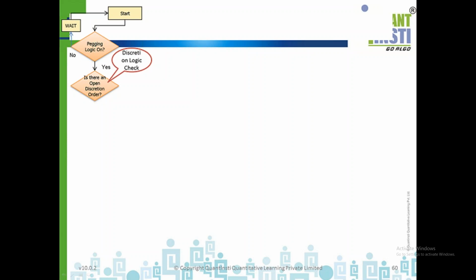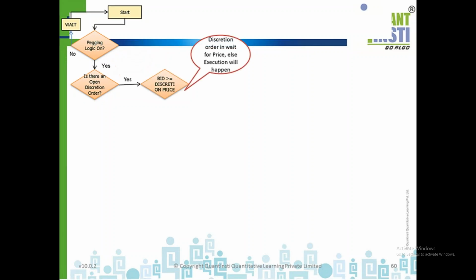And then you'll check if there is an open discretion order, right? If yes, so if there is a discretion range that has been put in your order, you'll check that. Then obviously you will figure out, is the discretion price greater than the bid or not?